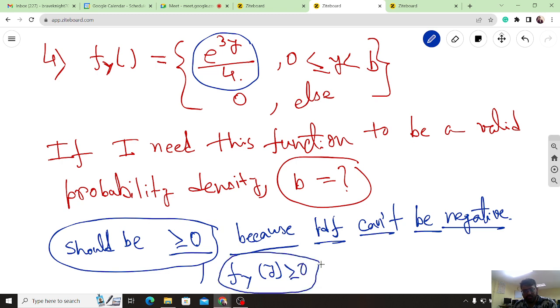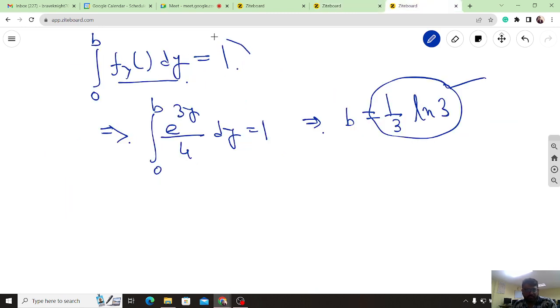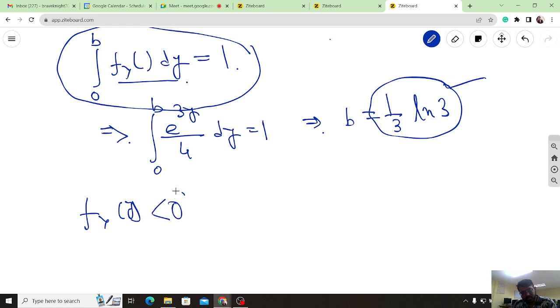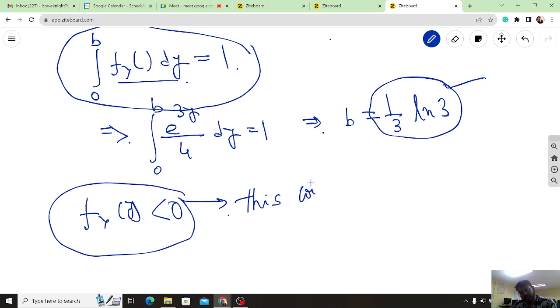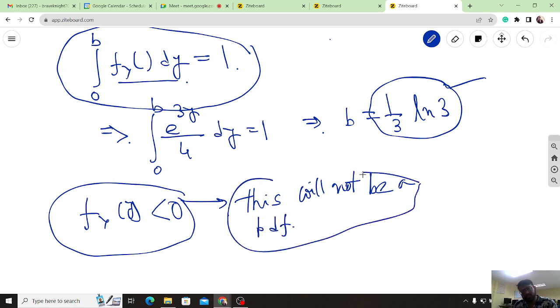It's always a positive, non-negative function. That's the key catch here. Even if this condition holds, but somehow for some value f of y is less than 0, this will not be a PDF. This is the key catch here.